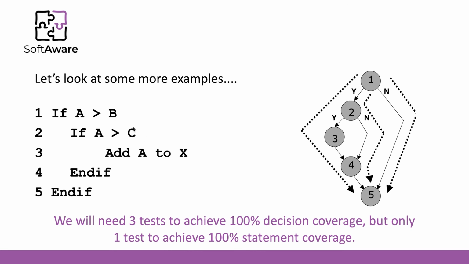So I have to establish that the value for C must be greater than 10. So C could be 20. So test case number 2, A equals 10, B equals 2, C equals 20. So A is not greater than C, and then I will end my code.